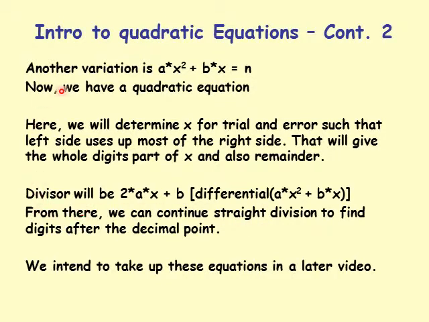So we can use the straight division method we just discussed to find the other digits after the decimal. We intend to take up these equations in a later video, and here's your introduction, so that if you want to get comfortable with them, maybe you go ahead and work them out.